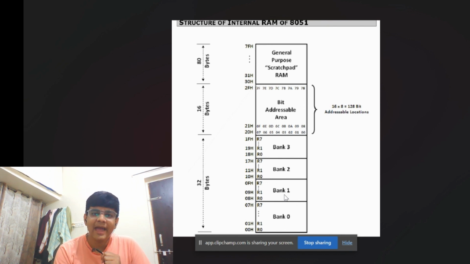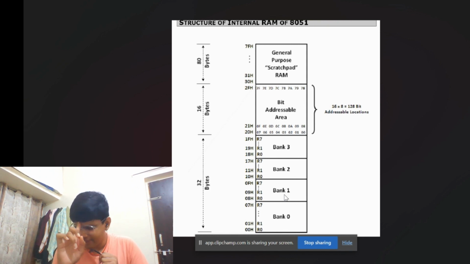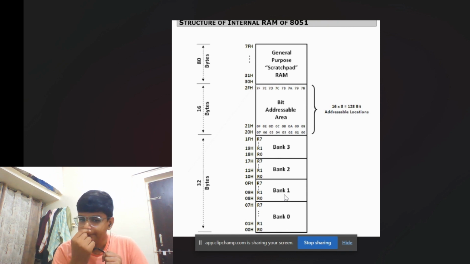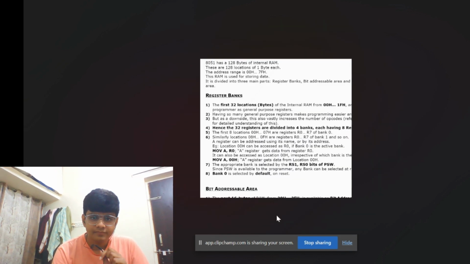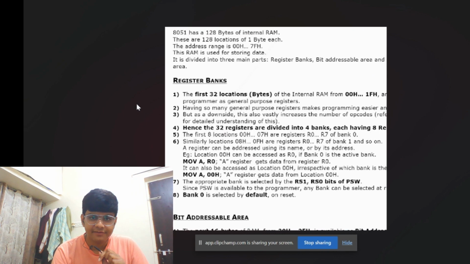The activation of a bank can be done by a register, not the PSW, but a similar type of register, which I will explain when I start with timer theory. It can be enabled using some SFR. I will not tell you the name now. What does SFR mean? SFR means special function registers.